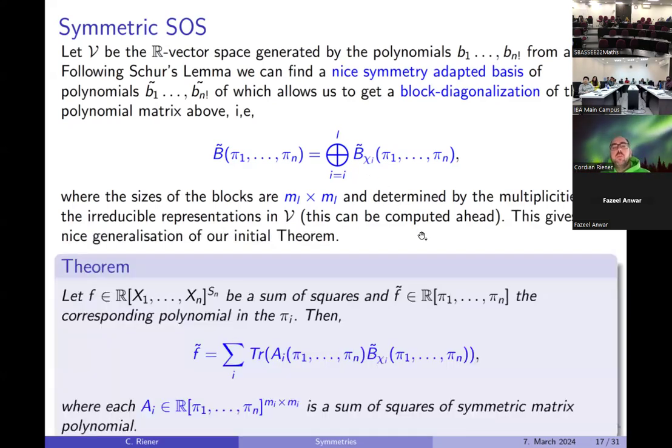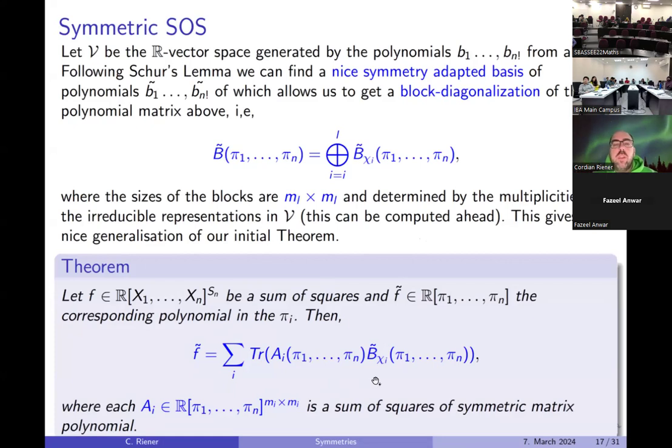Okay, and with all of these magical tools, what we have actually shown now is that whenever I have a sum of squares that is symmetric, and I take the uniquely corresponding polynomial f twiddle in my invariant ring, then I can find in the invariant ring a representation of f twiddle in this form.